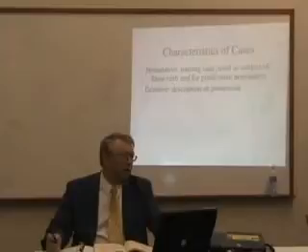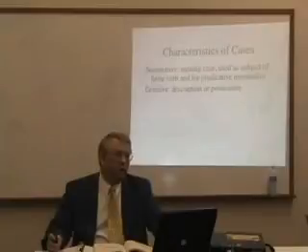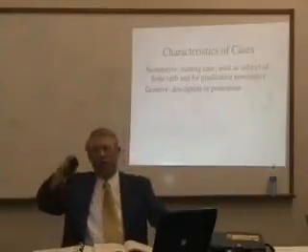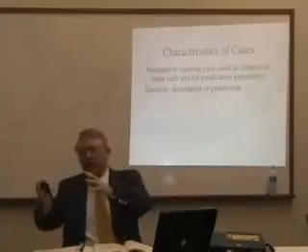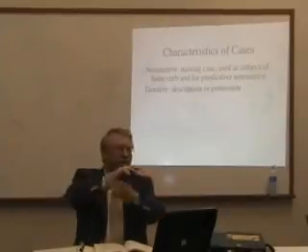Predicate nominative, what is that? Like, I am a man. I is the subject, am is a verb. Man is a renaming of the subject, so to speak. It's predicate nominative. He is good. He, subject; is, verb. Good describes the he. Predicate nominative means that which completes the initial statement.